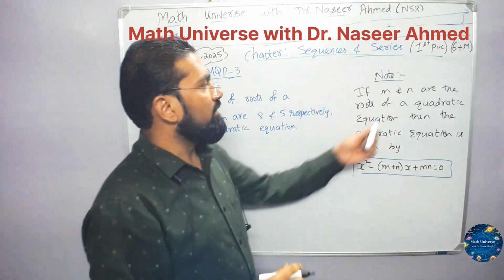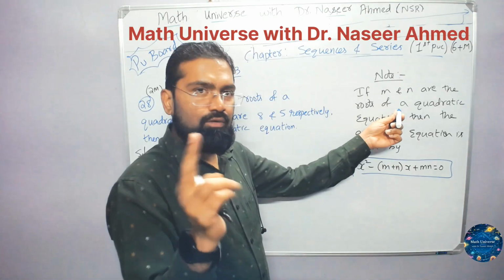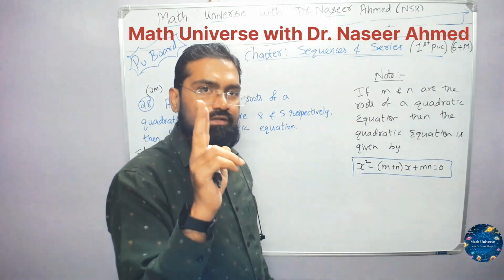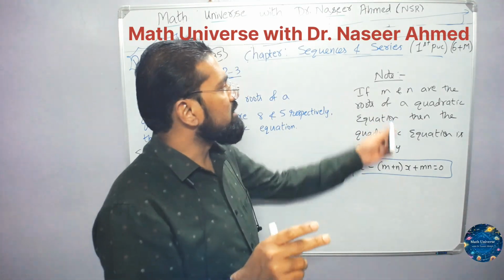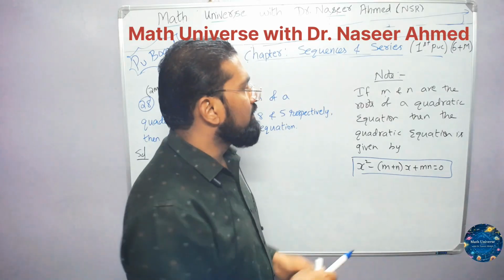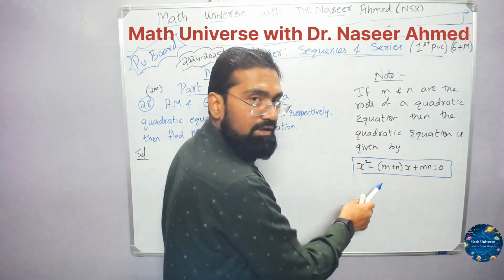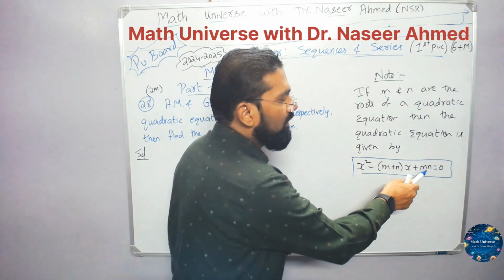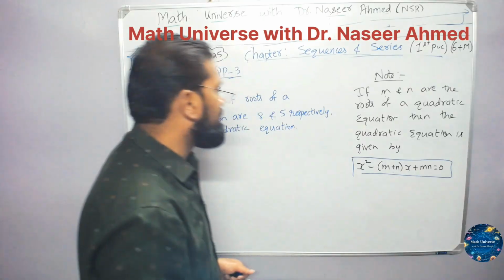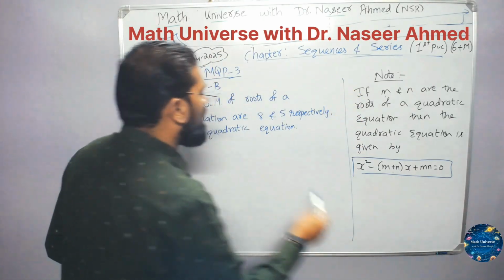So if I know the roots of a quadratic, as we know in a quadratic we have degree 2, so there are 2 roots. Let us suppose the 2 roots are m and n. Then the quadratic equation is given by x square minus sum of the roots into x plus product of the roots is equal to 0. Now, having this background, we are going to solve this problem.